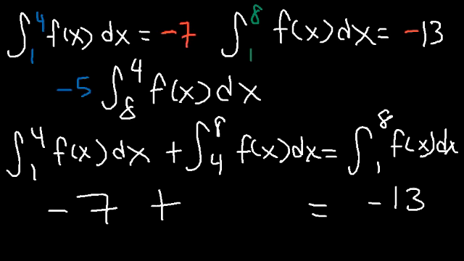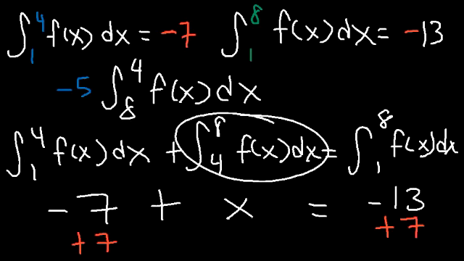In order to find the value from 8 to 4, we got to find the area from 4 to 8 first. So let's call it x. Solving for x, we need to add 7 to both sides. -13 plus 7 is -6, which is the value of this expression. So the integral from 4 to 8 of f of x dx is -6.